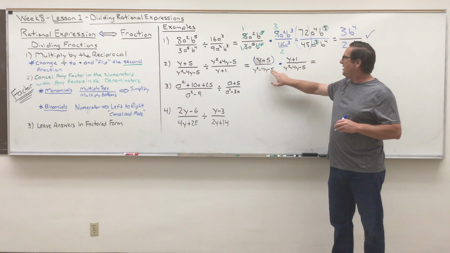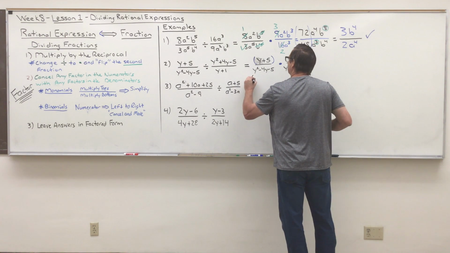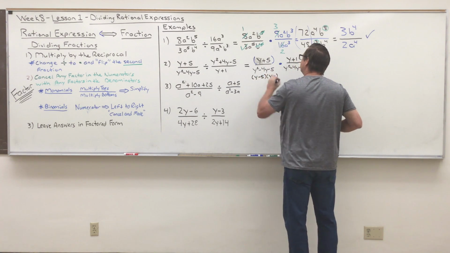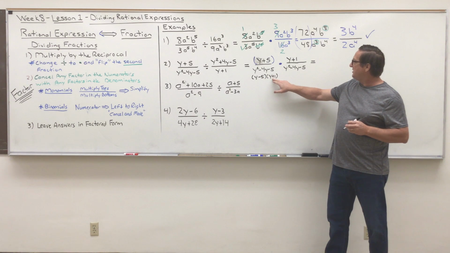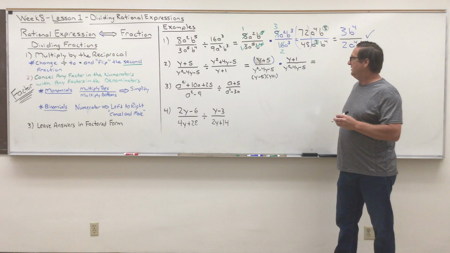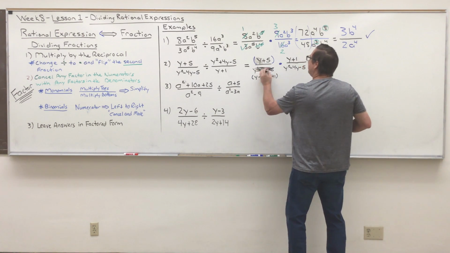Y squared minus 4y minus 5, you might see someone do this. They'll factor y minus 5, y plus 1, and they might just do it in the same spot we're working at.